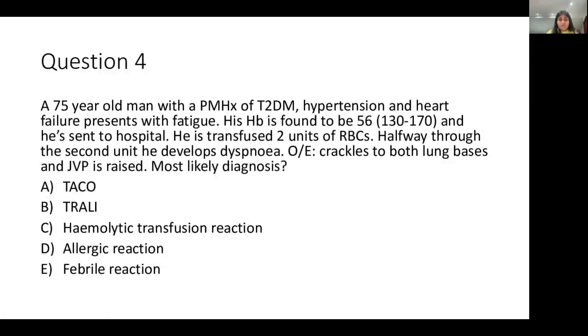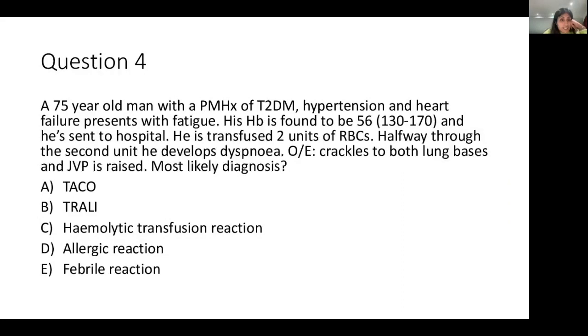Question 4. So here we've got a 75-year-old man. He's got type 2 diabetes, hypertension, heart failure.